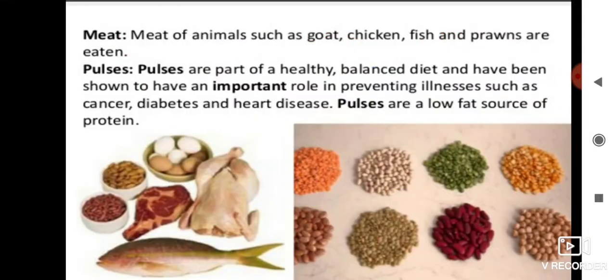The meat of animals such as goat, chicken, fish and prawns is basically rich in proteins. And if you are vegetarian, you can go for pulses; all varieties of pulses are also rich in proteins. Pulses and sprouts are rich in proteins.